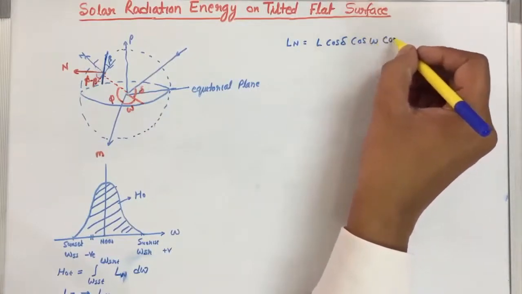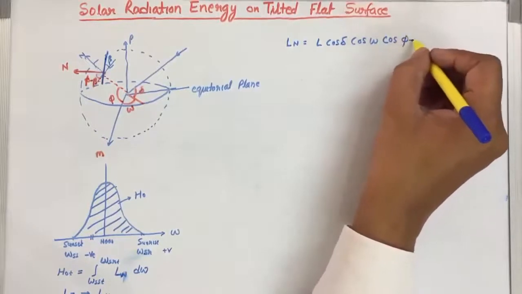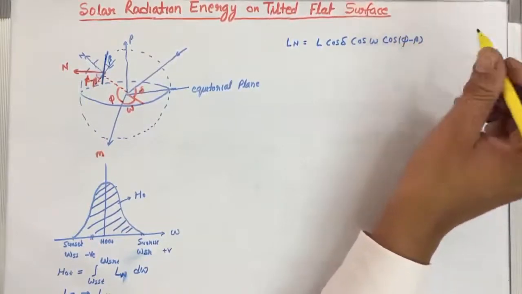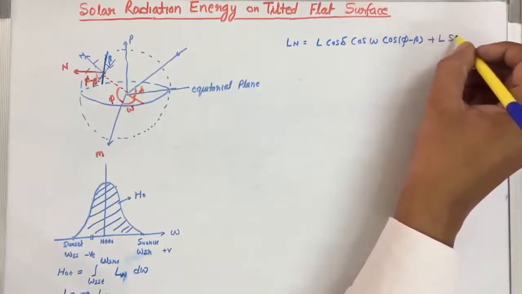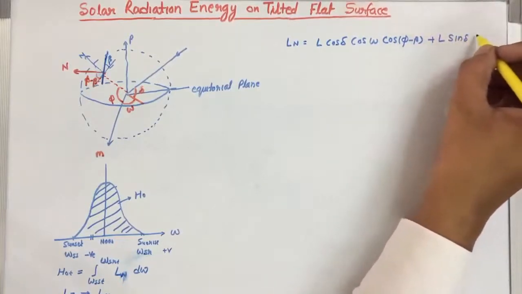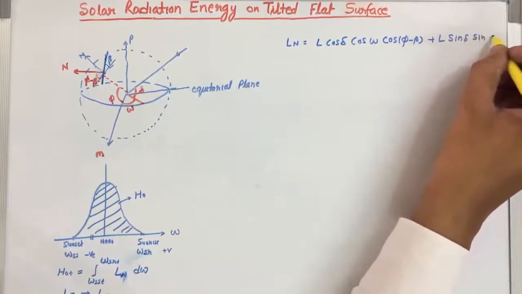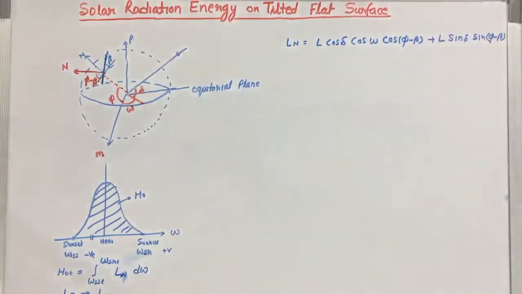The change will be reflected here in phi, that is now phi minus beta, plus L sin delta, and phi is again changing from phi to phi minus beta. So this is the change that is reflected here.